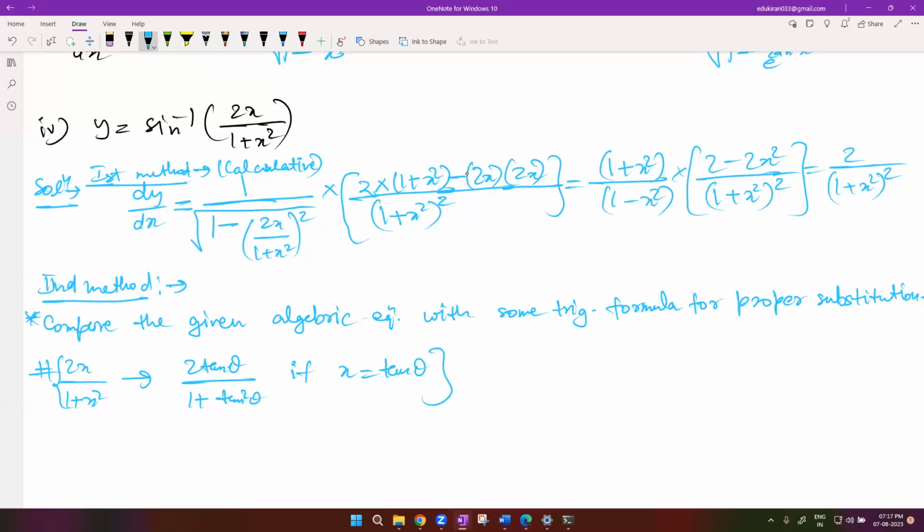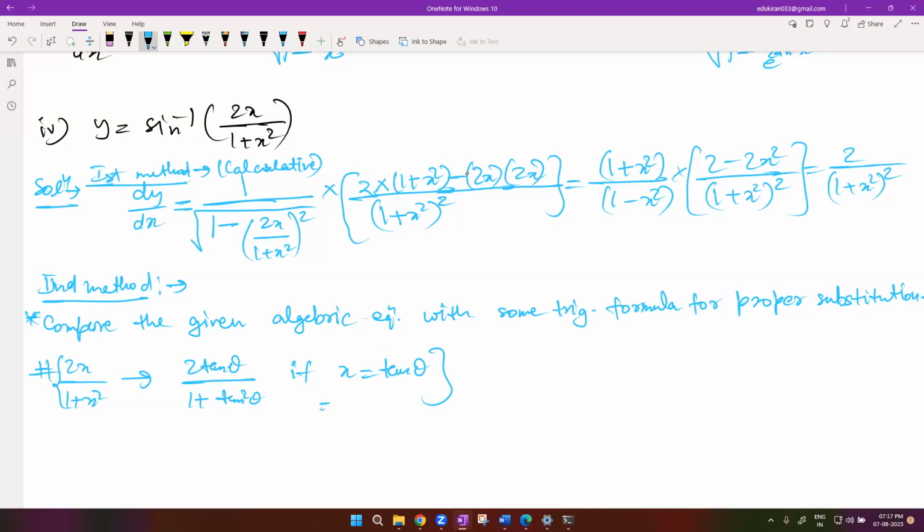Understand this part. This 2x upon 1 plus x square can be transformed to 2 tan theta upon 1 plus tan square theta if you just replace x with tan theta. Now, can I do that? Yes. For some value of theta, x can be replaced as tan theta. We are not specifying theta right now. We have introduced a new variable, but we will finally convert it to x only. I mean, we will change theta in terms of x. We can easily do that.